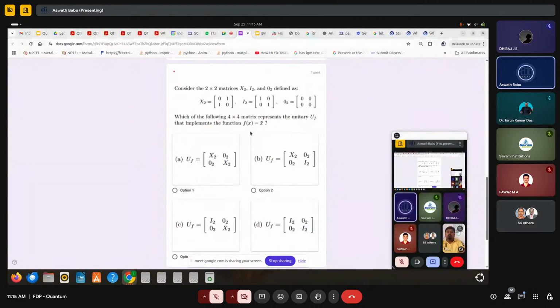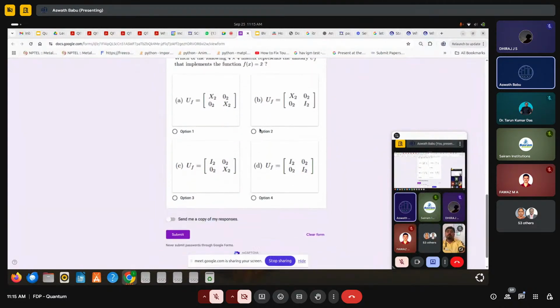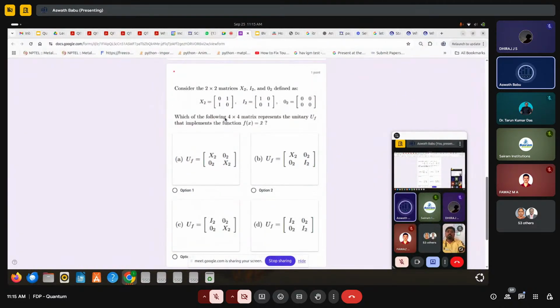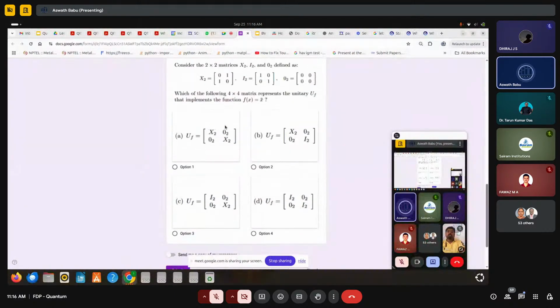Which of the following 4 by 4 matrices represents a unitary function UF that implements the function f of x equal to negation of x? There's a small correction. It is not a 4 by 4 matrix, it's a 2 by 2 matrix. Oh, okay, it's a 4 by 4 matrix only. Unitary f, this is what we have discussed.